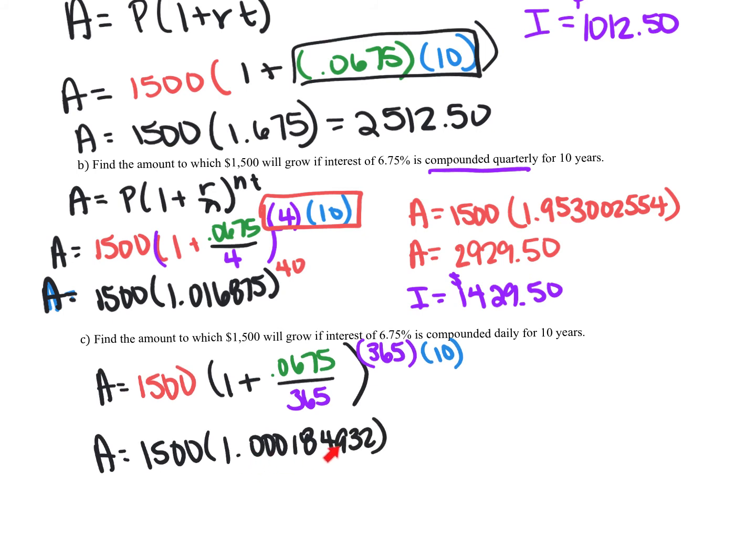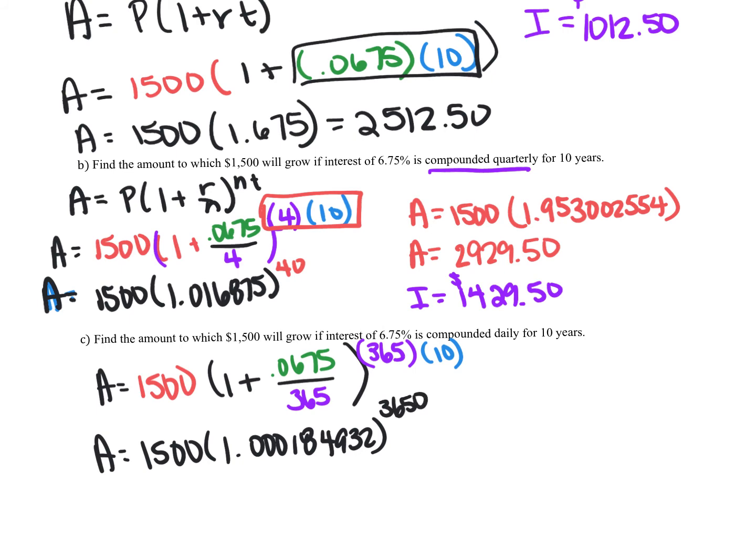If you compare this number right here to this number when we compounded quarterly versus when we compounded annually, notice that this number right here is getting smaller. This growth rate is basically getting smaller. It's getting smaller, but it's going to occur more often. Because now if I do 365 times 10, I'm going to have 3,650 compounds occurring in this particular period.